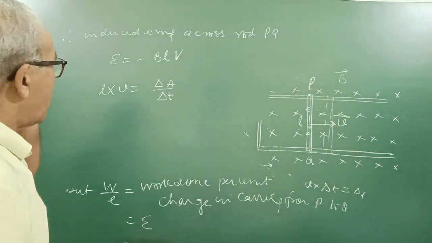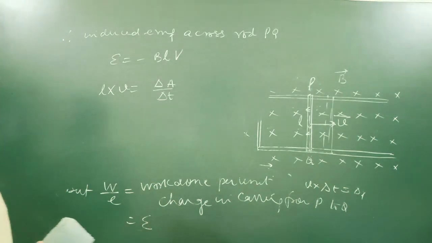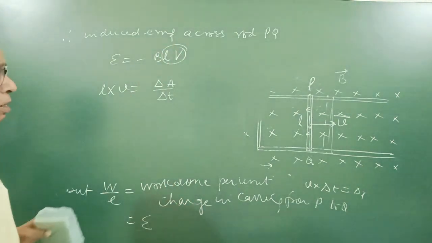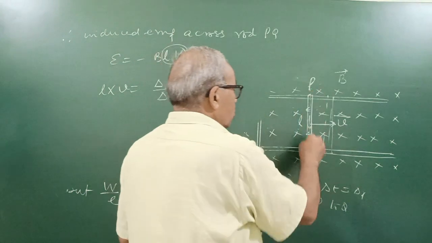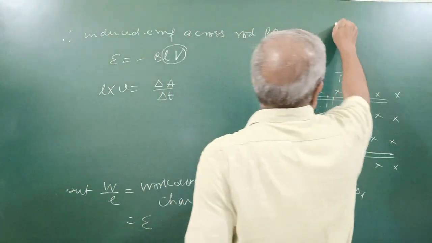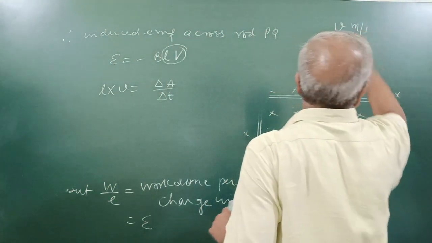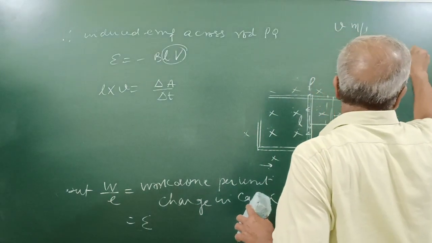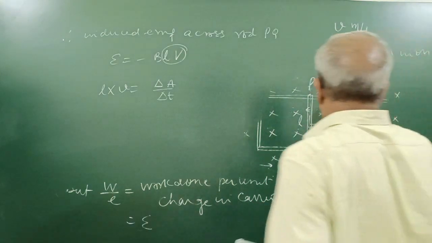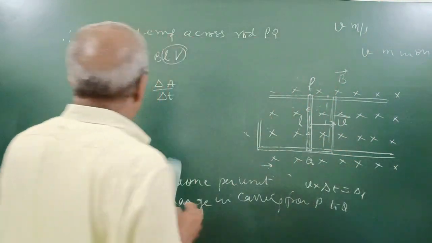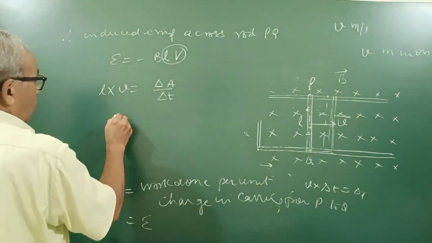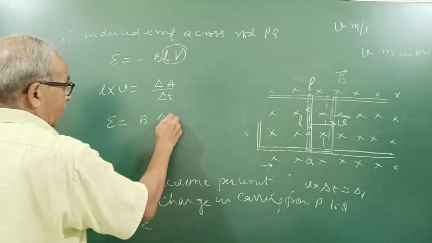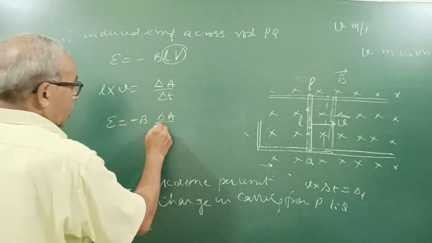Is that clear? Anyway, L into V represents the area travelled by rod PQ per unit time with V meter per second velocity. The rod goes V meter in 1 second. So this is the area travelled per unit time. Or we can write it as B into delta A upon delta T, with a minus sign.